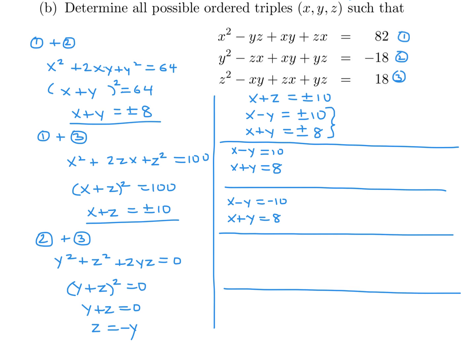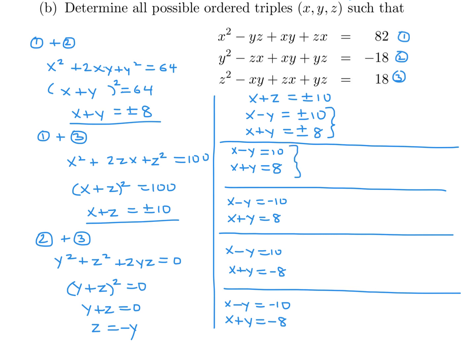And then the next scenario, x minus y is equal to 10, but x plus y is equal to minus 8. And then finally, x minus y is equal to minus 10, and x plus y is equal to minus 8. Yeah, those are the scenarios. Okay, so here we go.